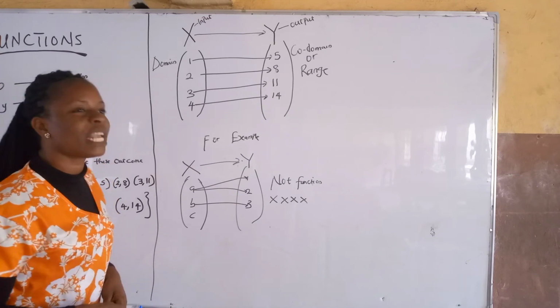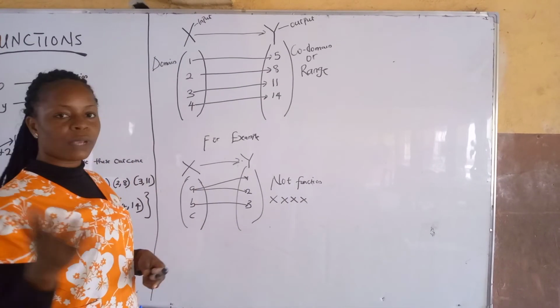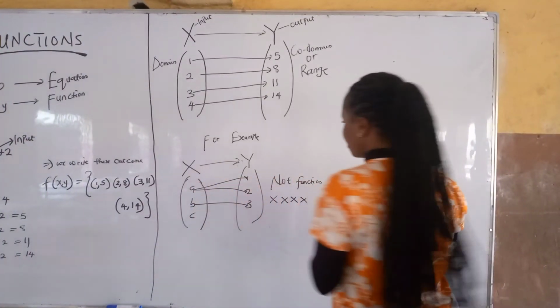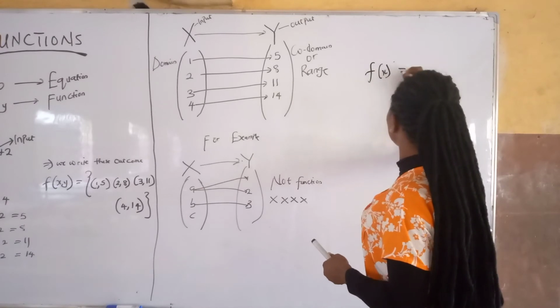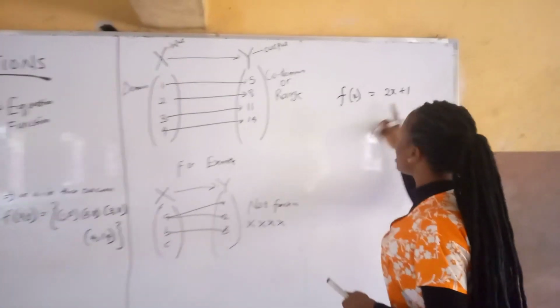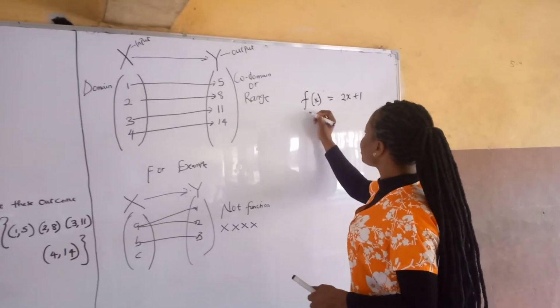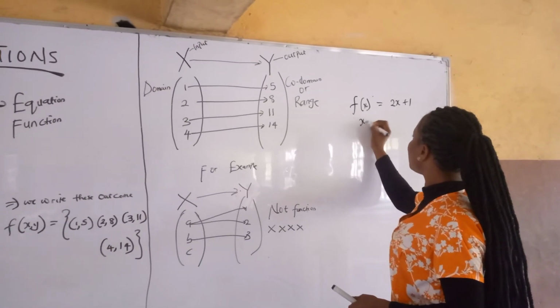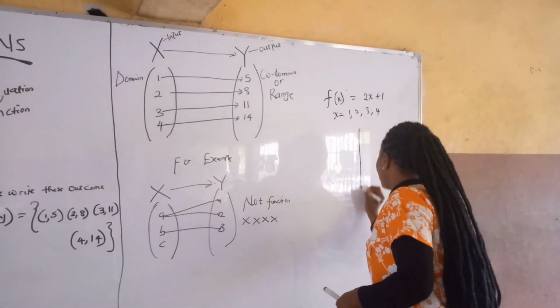So also we can always use a graph to illustrate a function. Let's see how we can sketch the graph out. If you have a function f of x to be what? 2x plus 1. This is a linear function, right? So every time x takes values 1, 2, 3, 4, we have a graph like this.